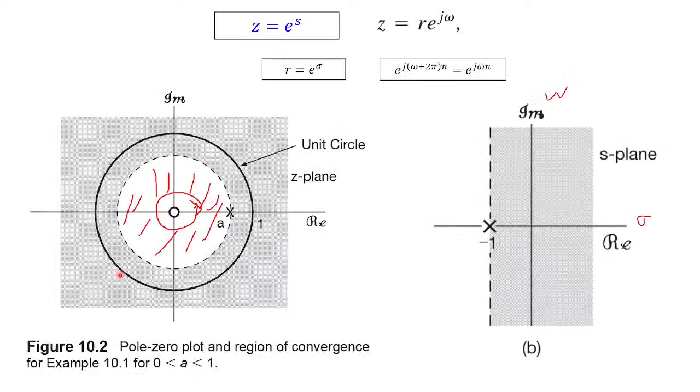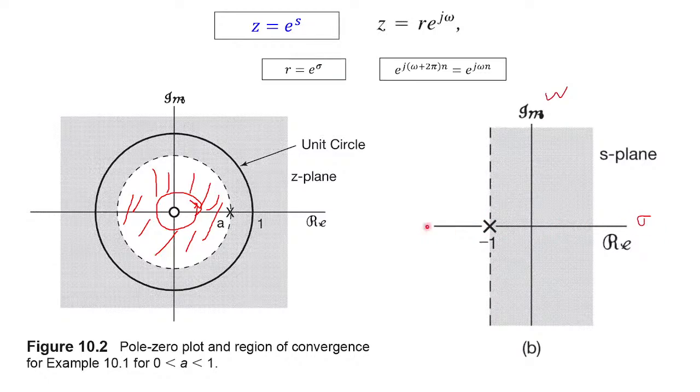So yeah, I might give a question to let you analyze the possible ROCs on z-plane a little bit. I think that should be fine. You basically just transform whatever you have on the s-plane into the z-plane using this z equal to e to the s.